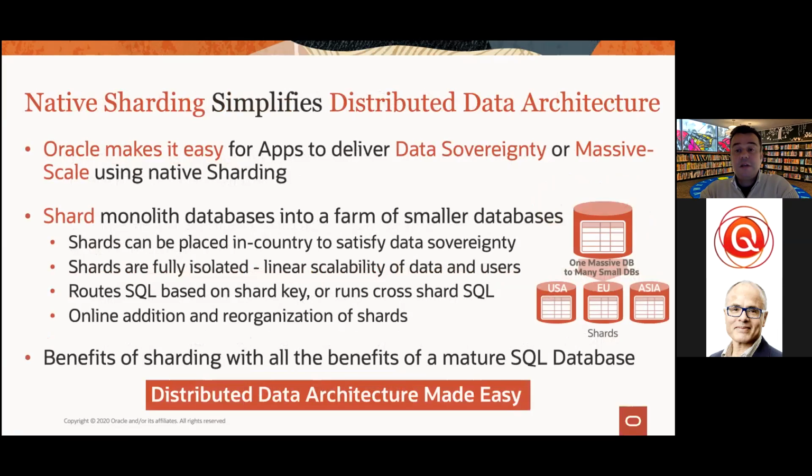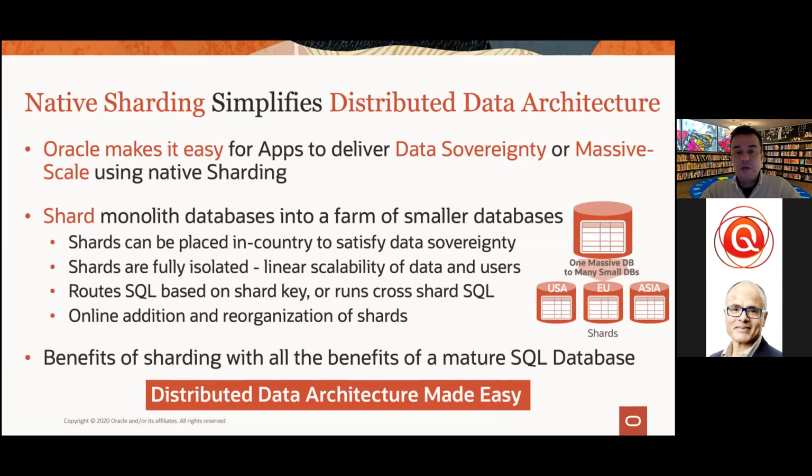Distributed data architectures are made possible with Oracle Sharding. Oracle Sharding is a way of transforming a monolith database, an individual huge database, into smaller databases which are completely independent one from another, but they work and function as one single database.